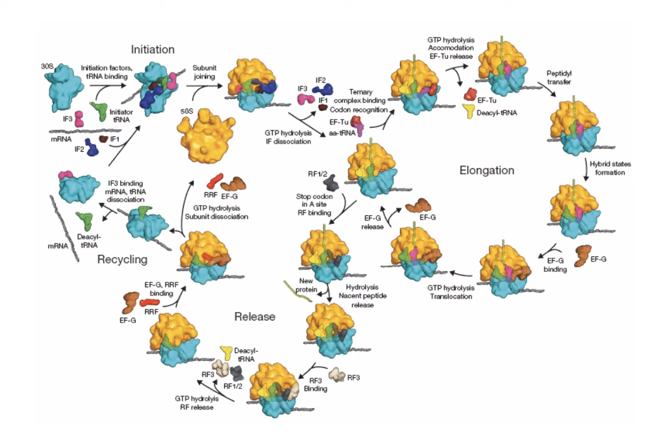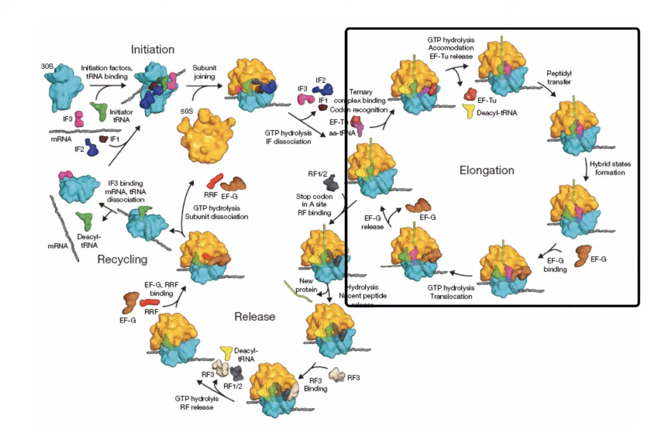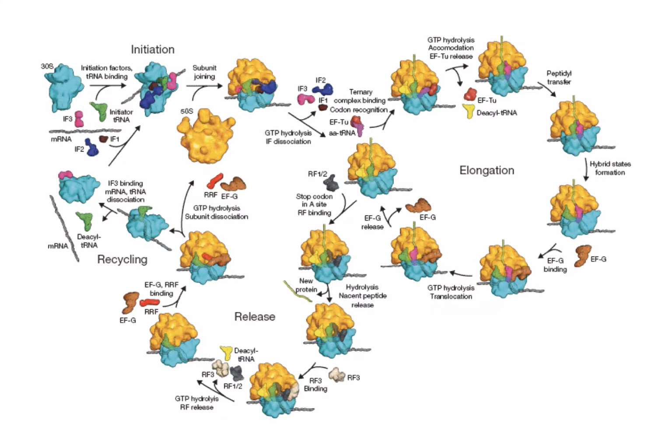So illustrated here is the process of translation in bacteria, including initiation, elongation, release, and recycling. Initially you have an mRNA, a small subunit, and some tRNAs, as well as some IFs, those are initiation factors, which then will bring the mRNA to the small subunit.